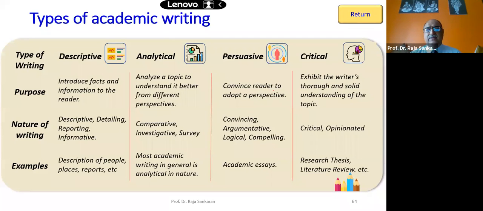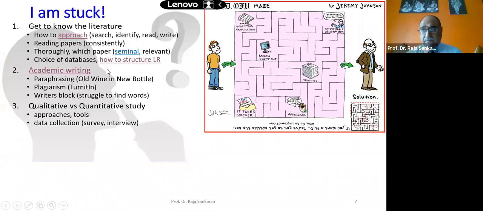This is because we would be critically analyzing the different models, identifying the rationale associated with them, and giving a justification of why this model is suitable for my study. Similarly, if I'm using any statistical tools, you need to know why I used this and why not any other type of statistical tool. So critical analysis is very, very important from the point of view of academic writing.